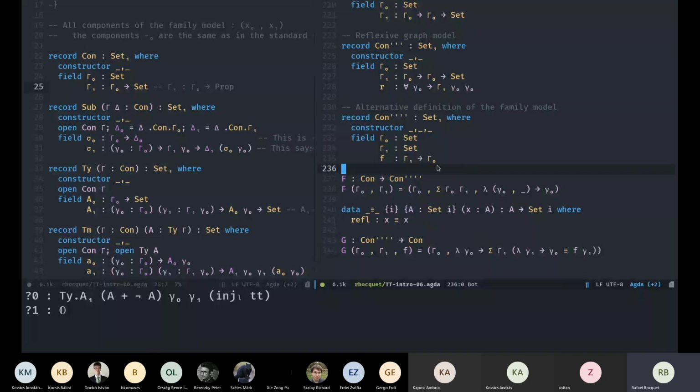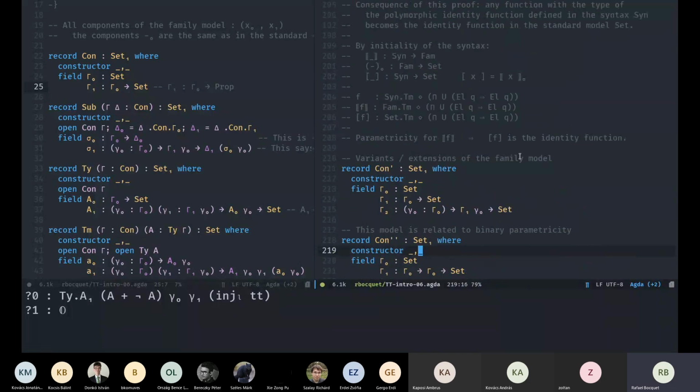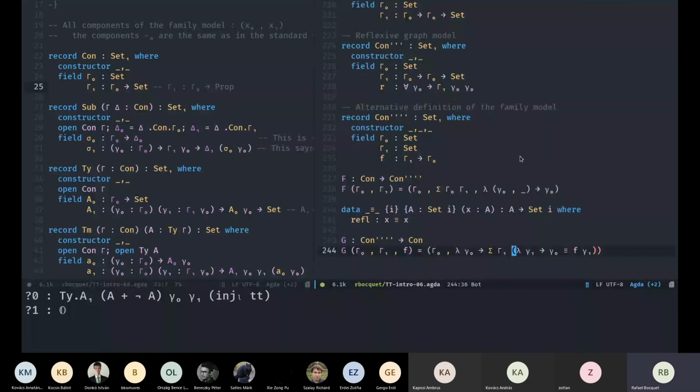Okay, and so we can define the whole family model with this definition of contexts and use similar definitions for substitutions, types, terms, and everything. But then there will be some equalities like this everywhere, and we actually need to use these equalities and prove some equalities and so on. So in particular, it's much more complicated to define it in Agda.